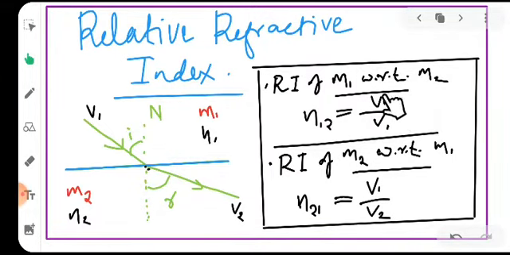As you can see, these can all be related reciprocally, since it's V2 over V1 here and V1 over V2 here, and it's clear that both of these are in fact reciprocals of one another. We know the left hand sides too must be reciprocals, which means N12 will be equal to 1 over N21. We have dealt with that in our previous lecture.